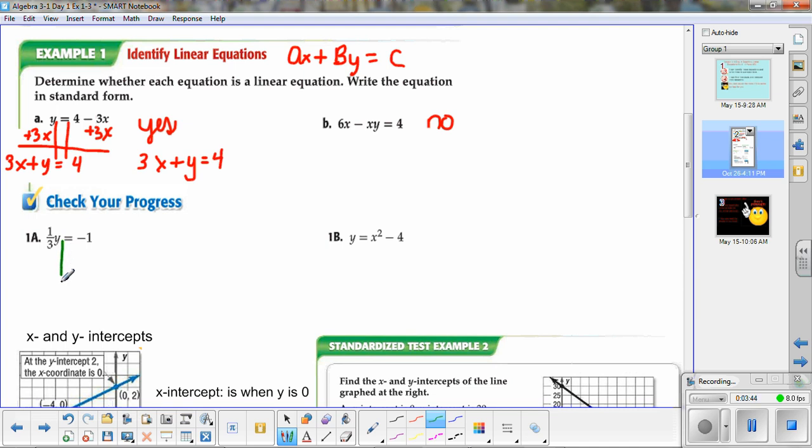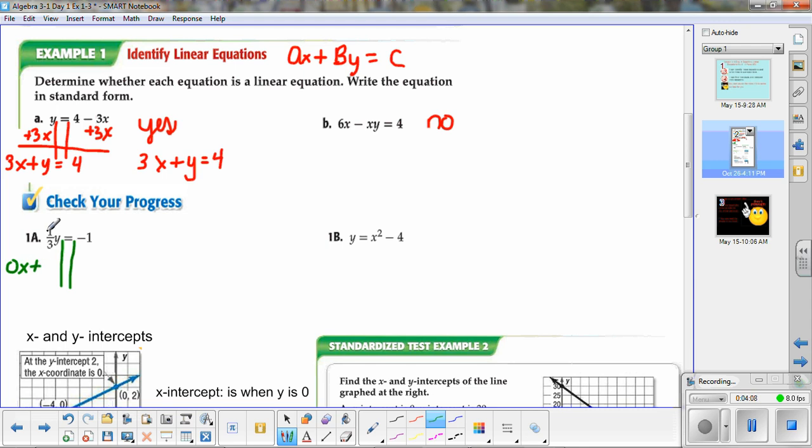All right, 1/3 y equals -1. I already have my constant all by itself, but over here I have 0x. I have 0x plus 1/3 y.